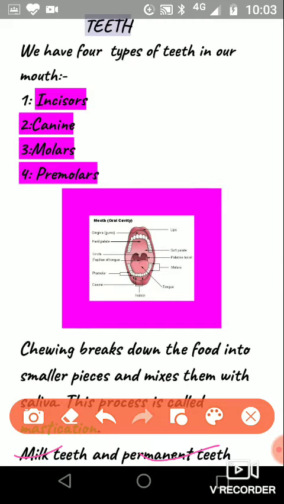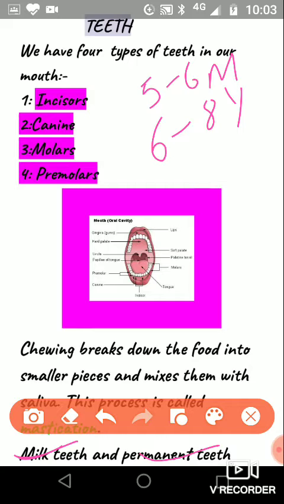Milk teeth grow at the age of 5 to 6 months, and start falling at the age of 6 to 8 years. Milk teeth are also called temporary teeth or baby teeth.